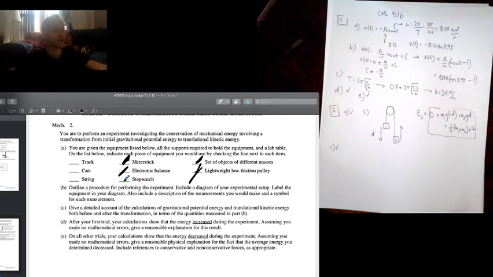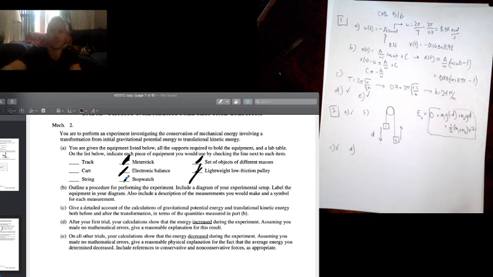After your first trial, your calculations show that energy increased during the experiment. Assuming you made no mathematical errors, give a reasonable explanation for this result. One of the things that I'm seeing is that there's not really a great way to measure velocity.